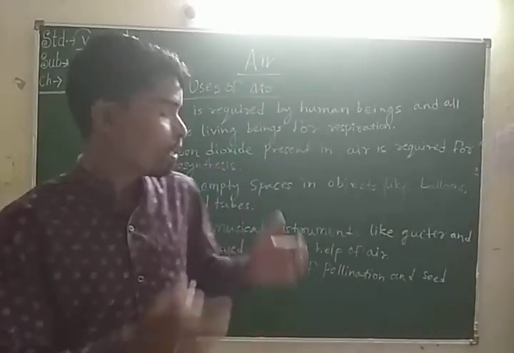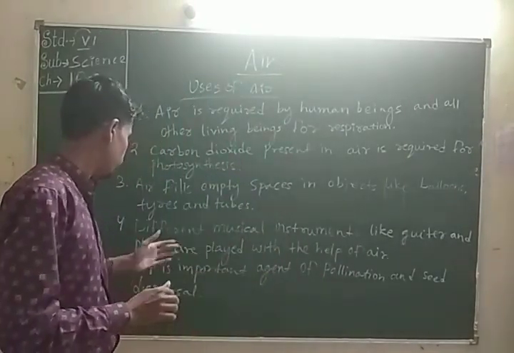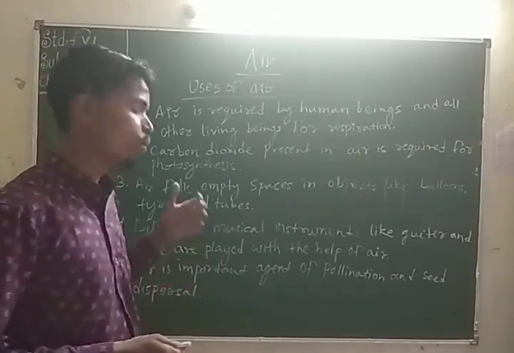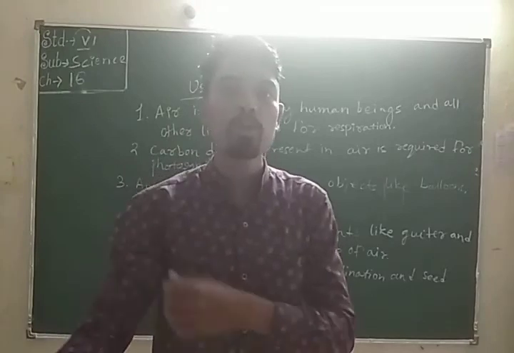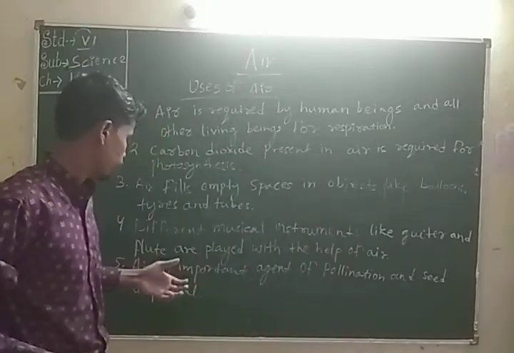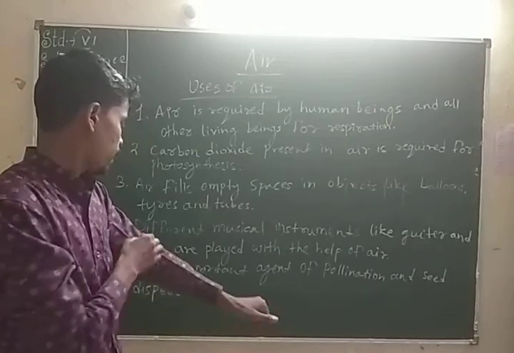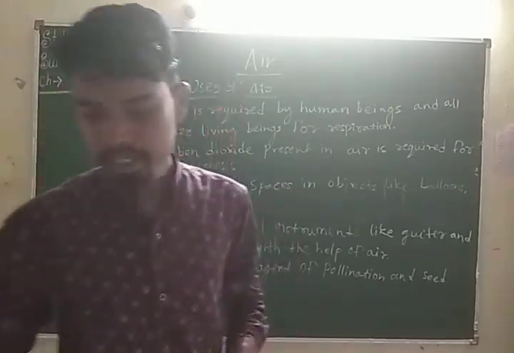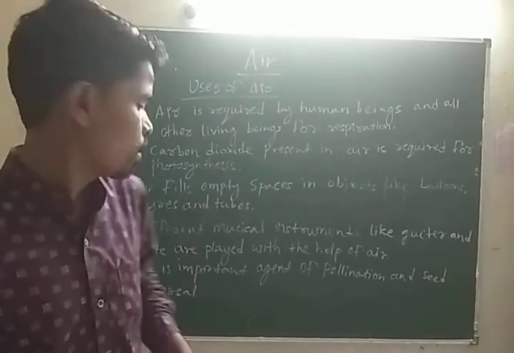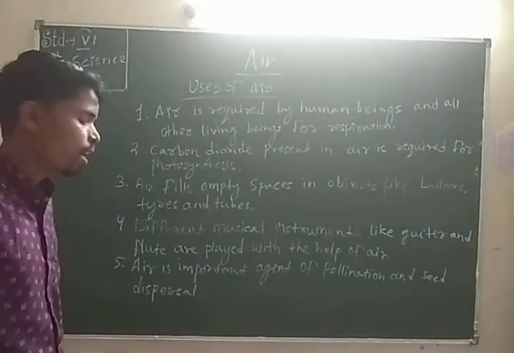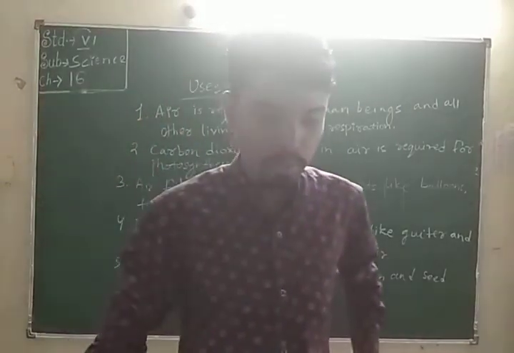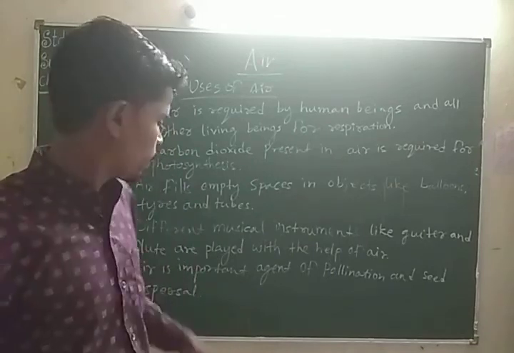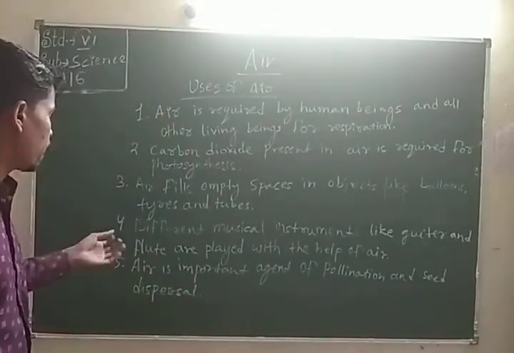When air blows, it is called wind, and wind is used in different types of windmills, and some instruments use air pressure. Also, students, the aeroplane, kite and parachute move with the help of air.